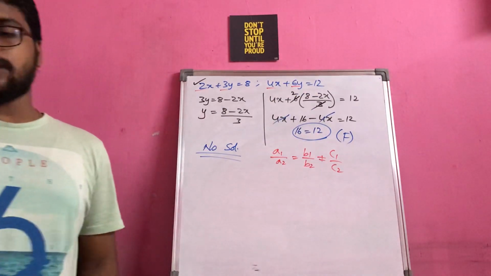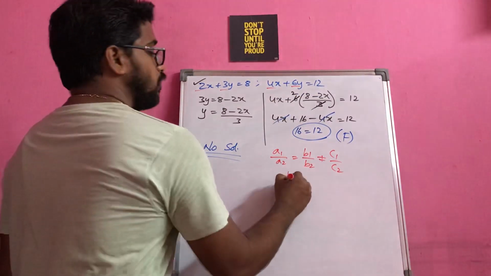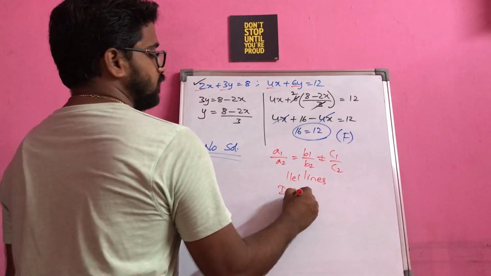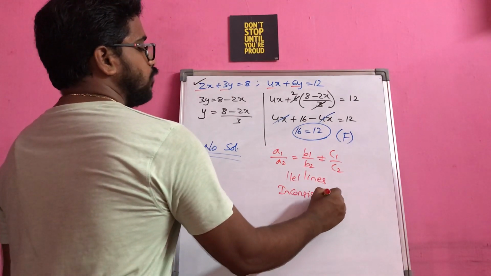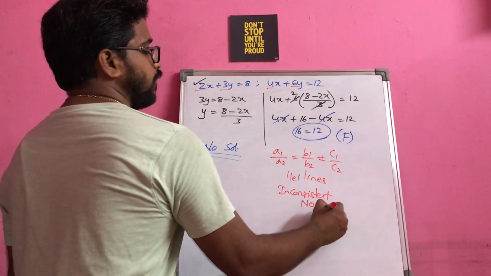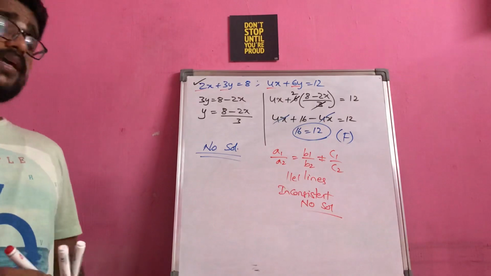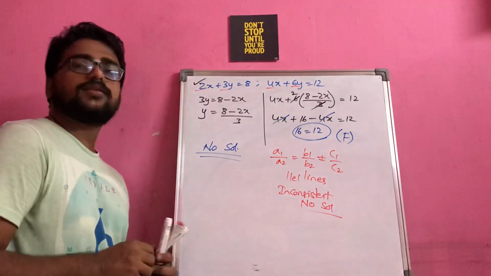So what is this set of lines called? These are called parallel lines, which means they are inconsistent, indicating that they won't have any solution at all, right? Because parallel lines won't intersect, so there won't be any common point between them.